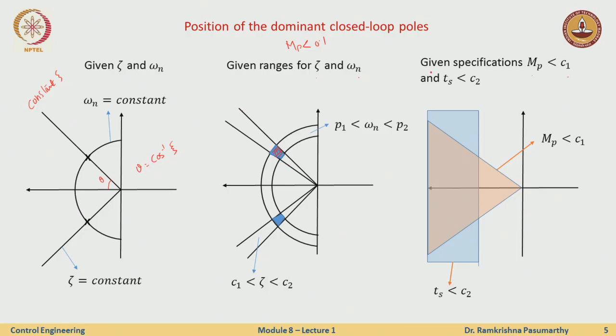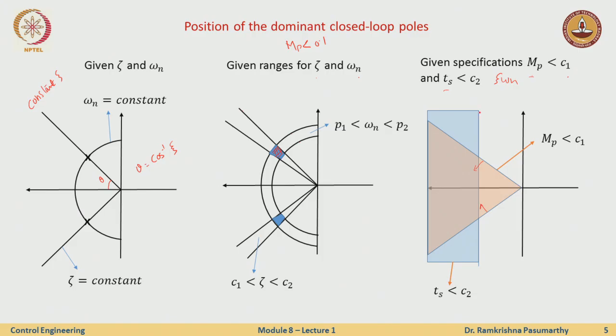So if I look at specifications in terms of Mp and Ts, this translates to zeta being within a certain bound. These are the zeta lines, so any zeta within this will give me Mp less than C1, and this can go anywhere all the way to infinity on the left hand side. Similarly, the settling time, which again depends on zeta and omega n, gives these lines.